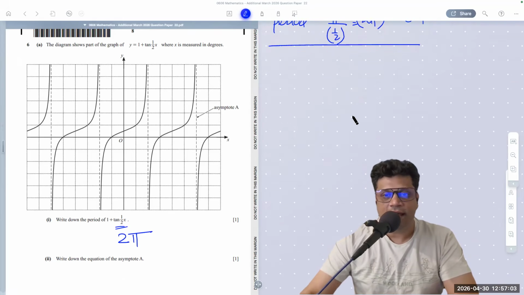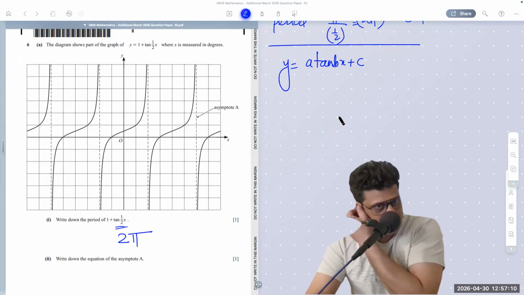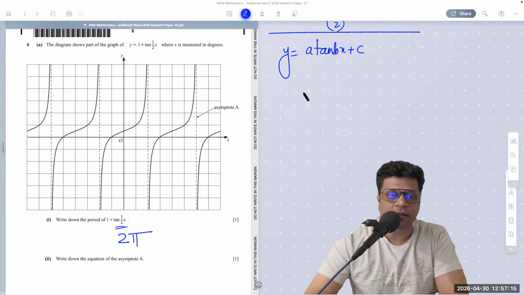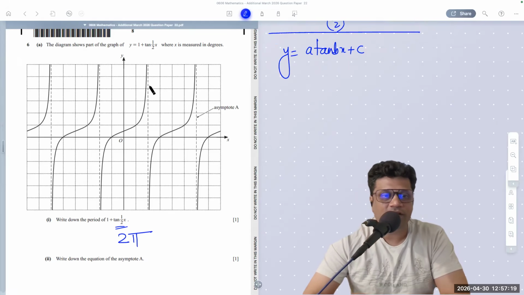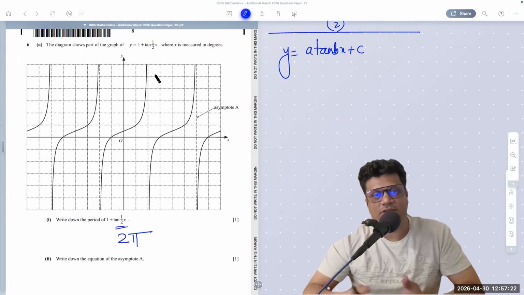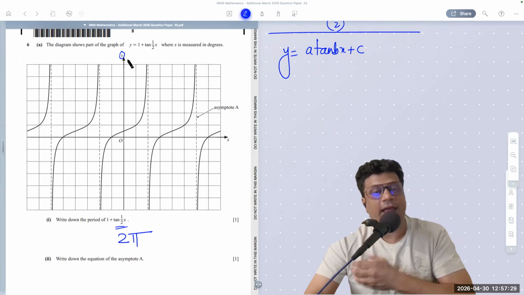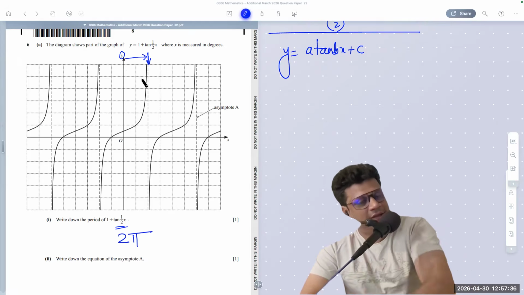Let's see. Well, again, if y equals a tan of bx plus c is the equation of a tan curve, remember the first vertical asymptote. What do I mean when I say first vertical asymptote? Well, if this is your y-axis, the first asymptote I call this one the first one, the one which is right next to the y-axis.